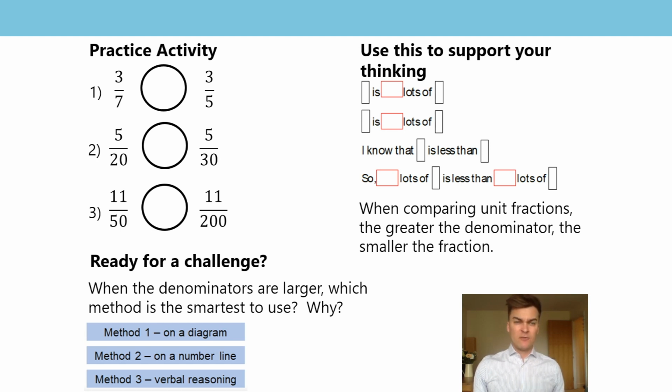But for those, for example, in 2 and 3, for those large denominators, which of the methods is the smartest to use? I've left on the screen as well the sentence stems that we were using to explain verbally, and the generalization that we were using to compare unit fractions. Use those to support your thinking as you solve your practice activity and challenge yourself as well if you're ready.